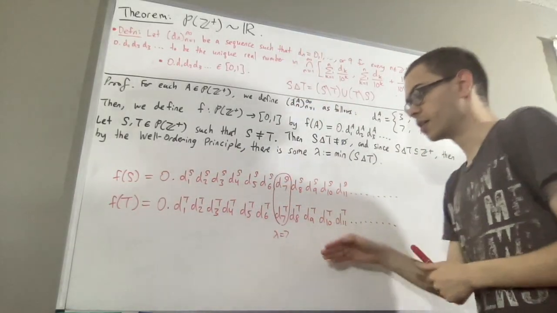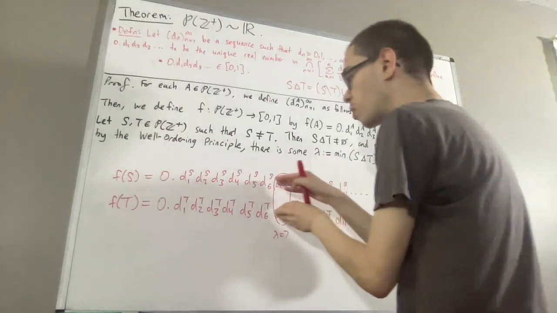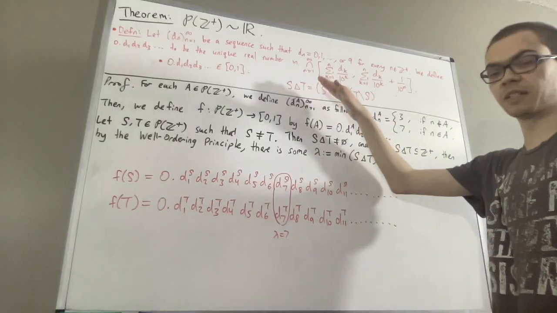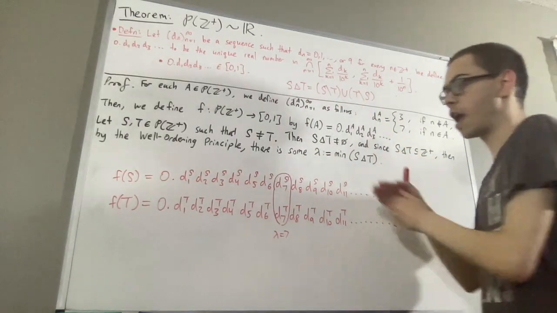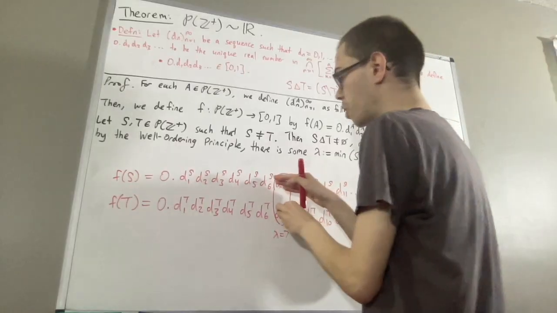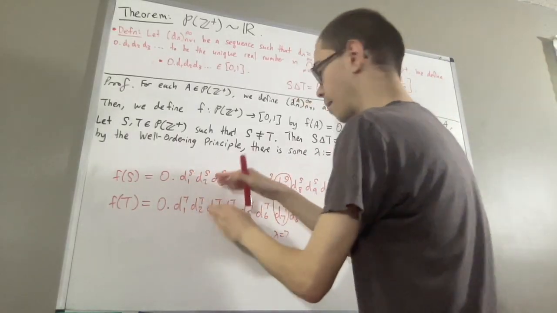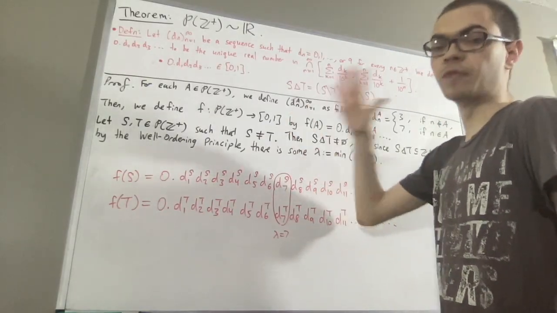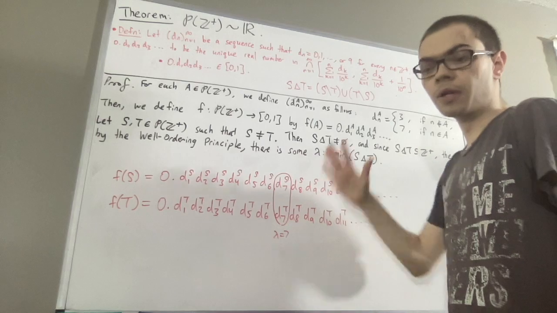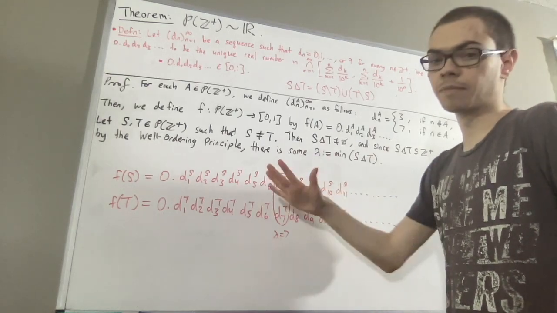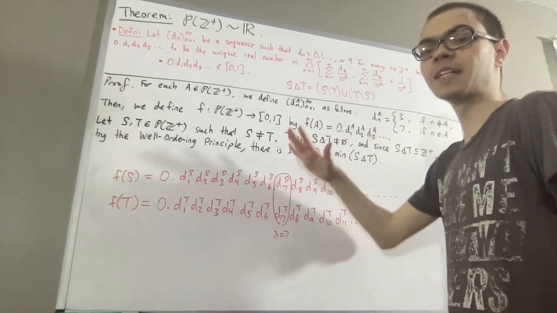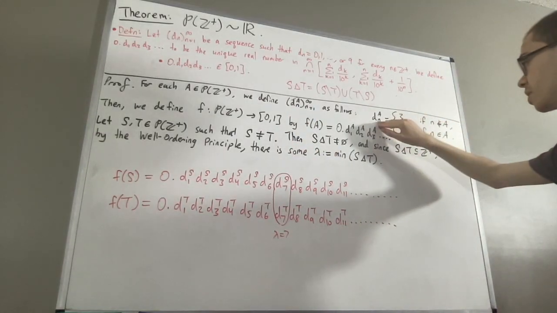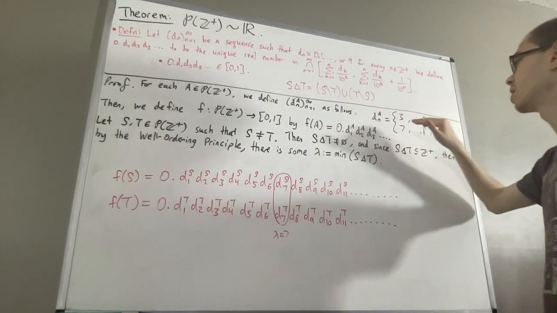The reason why is because anything smaller than lambda is not an element of the symmetric difference of S and T. And therefore, all positive integers smaller than lambda must be either an element of S and an element of T, or not an element of S and not an element of T. Now, if you're an element of S and you're an element of T, then according to how we've defined these sequences, the corresponding decimal places will be a 7.